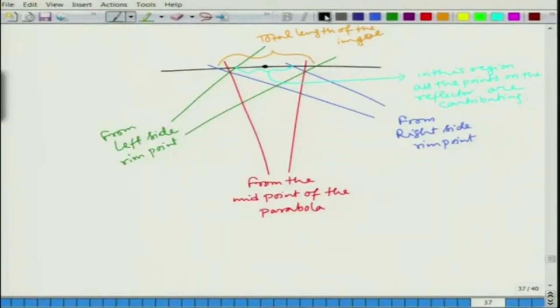Now, you can have different kinds of receiver. Okay.